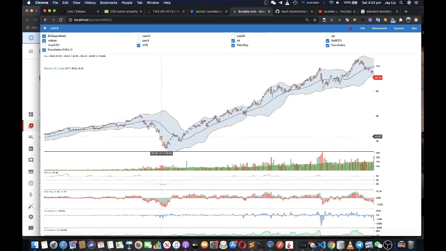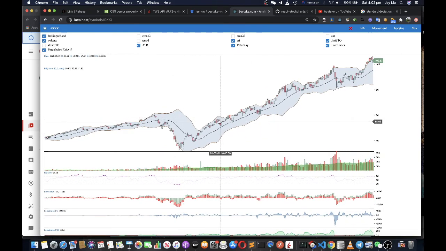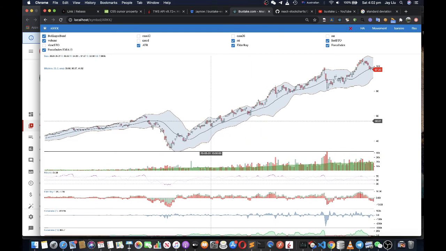When it goes down, usually it goes to the bottom line of the Bollinger Band, and then it jumps. So basically this is the Bollinger Band. Usually when the stock price touches the bottom line, it will jump back.